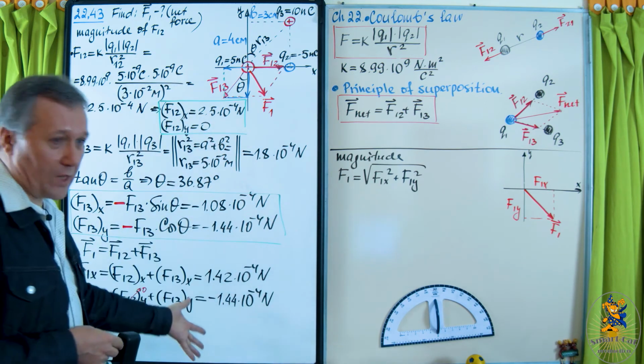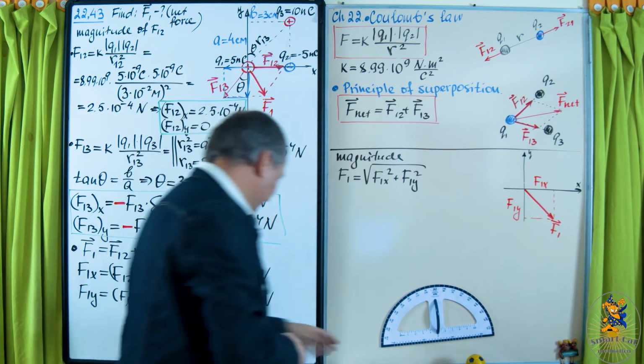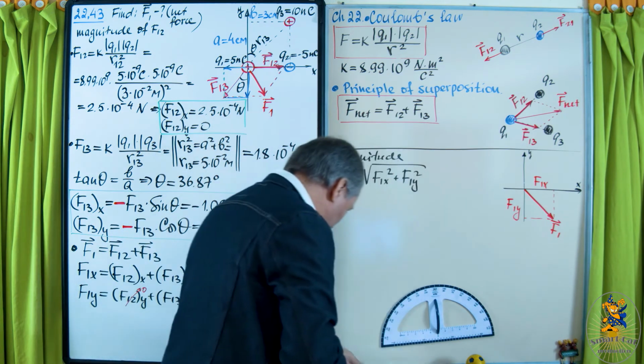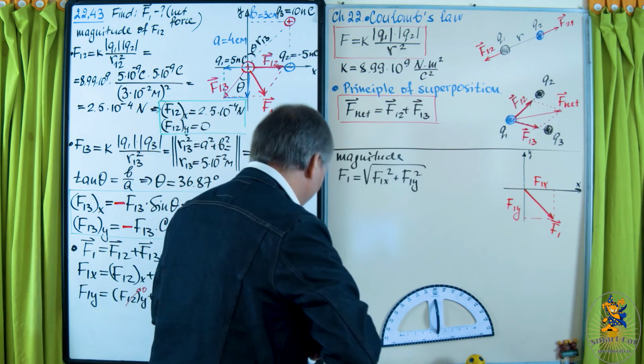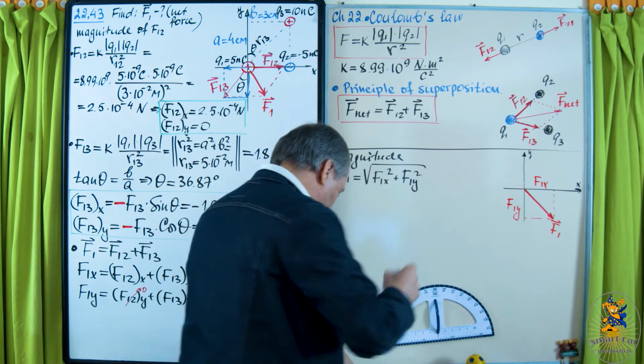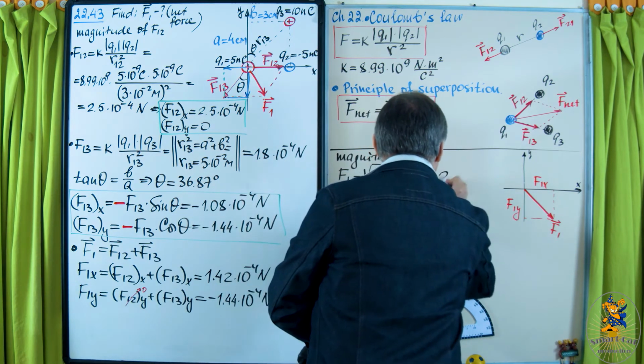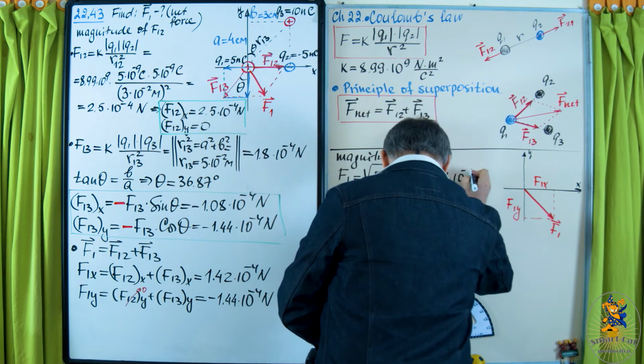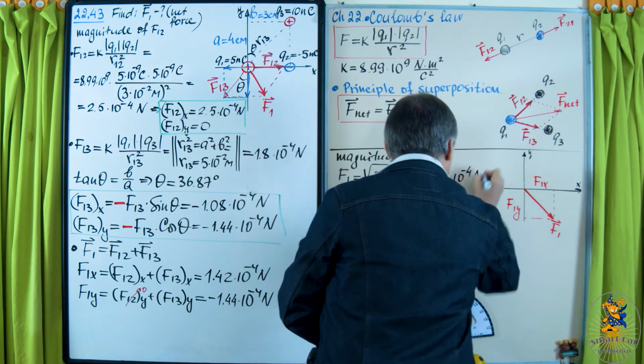Okay, numbers are given. I will just use my notes. So the answer will be approximately 2 times 10 to the power of minus 4 newtons.